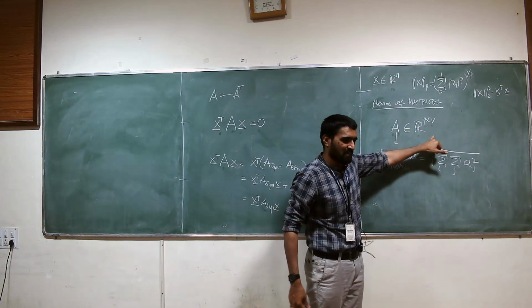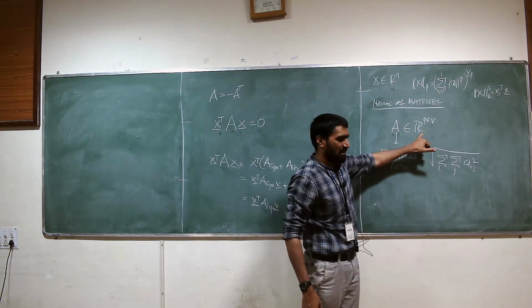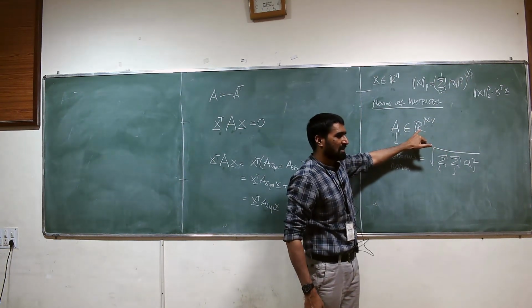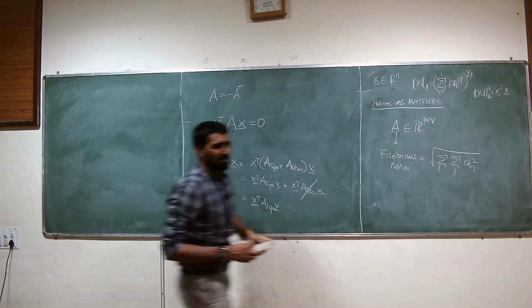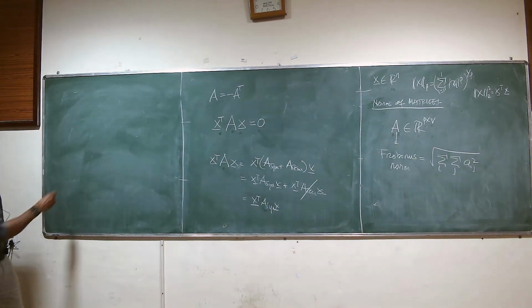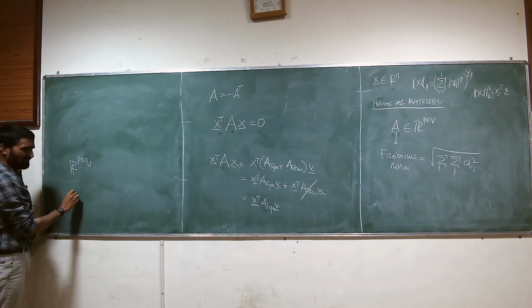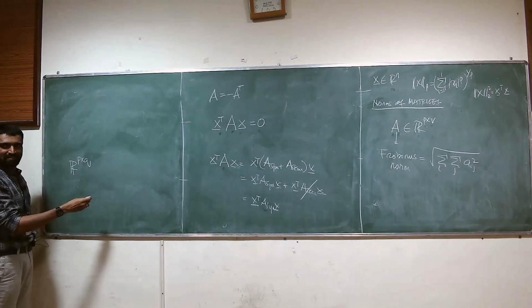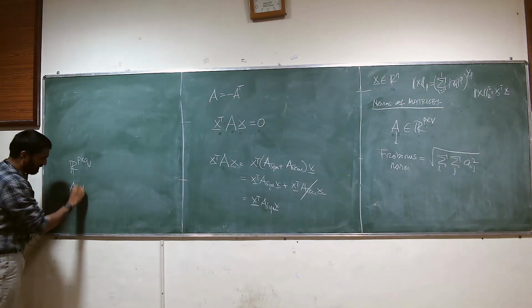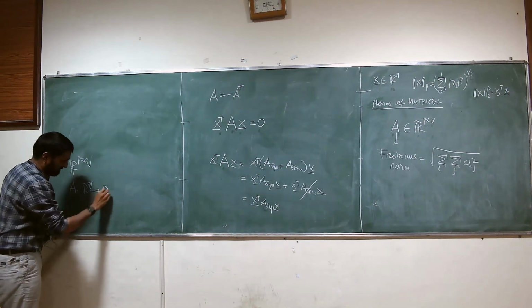From where to where? Is it RP to RQ? Well, it has to be the other way around. If you have P cross Q, what am I mapping from to where? So you're mapping from RQ to RP.